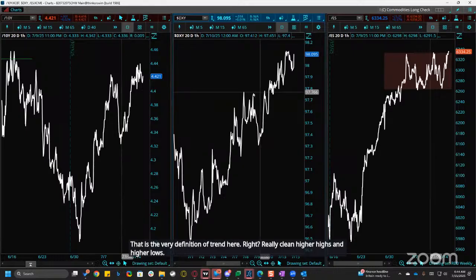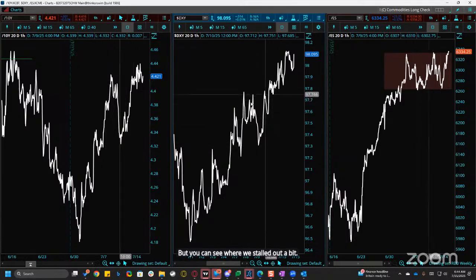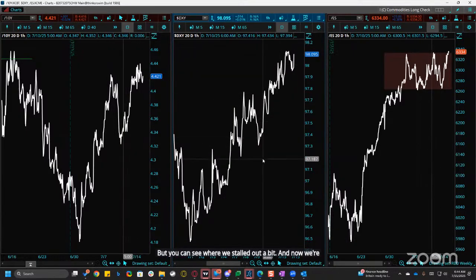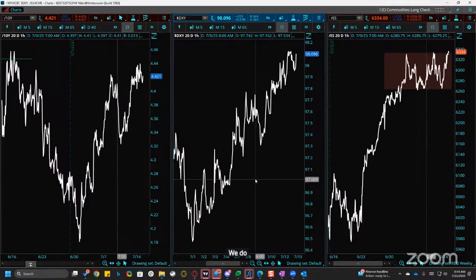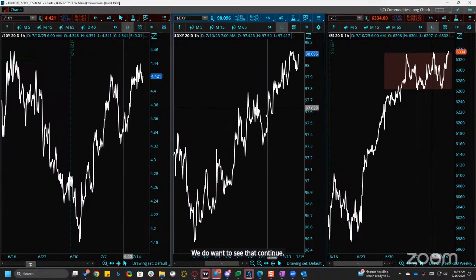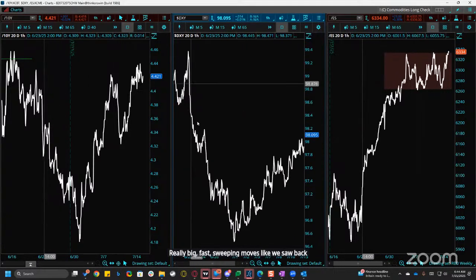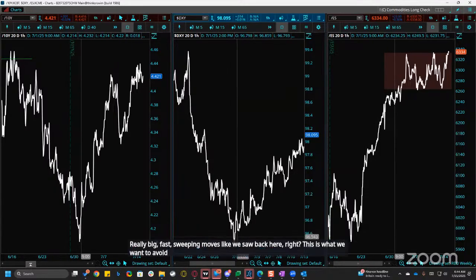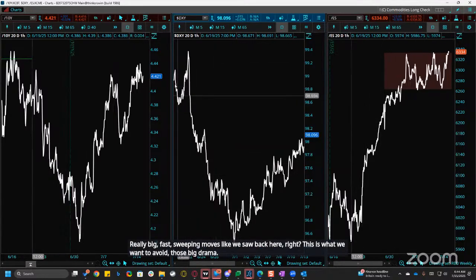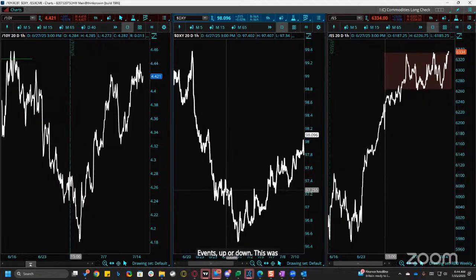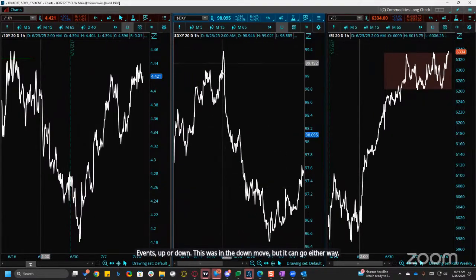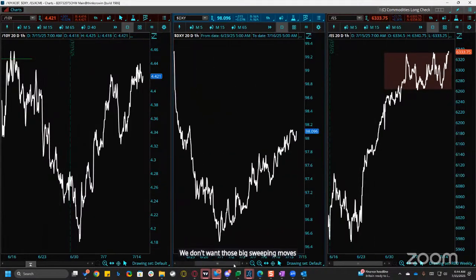But you can see where we stalled out a bit, and now we're resuming that move. We do want to see that continue, just not really big, fast, sweeping moves like we saw back here, right? This is what we want to avoid, those big drama events, up or down. This was in the down move, but it can go either way. We don't want those big sweeping moves. And so far, that's not what we're getting.